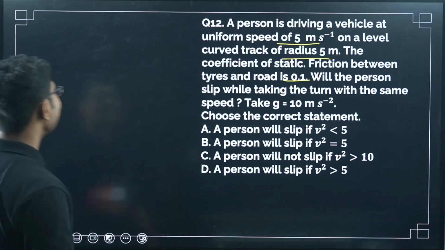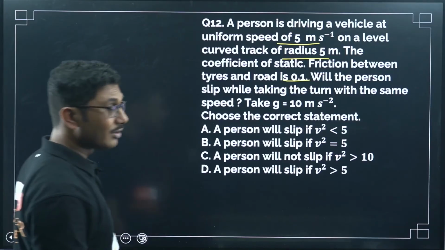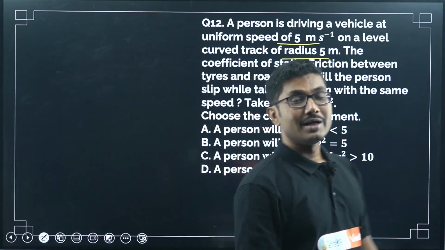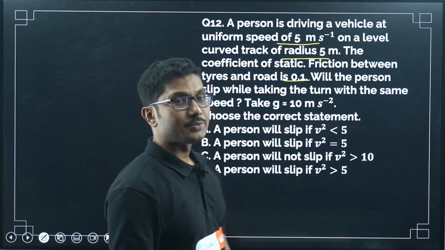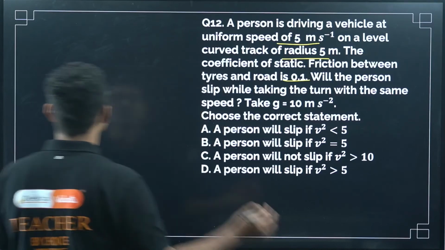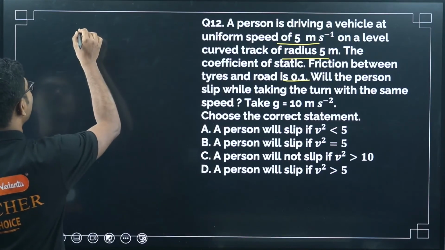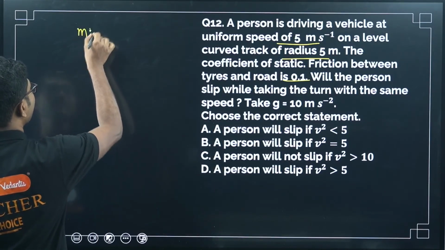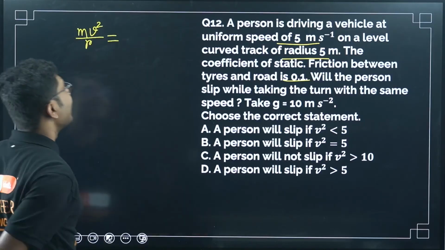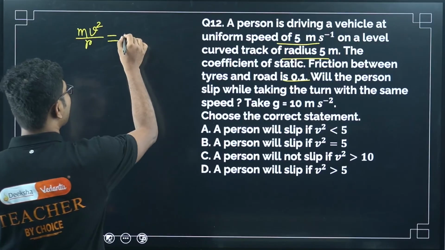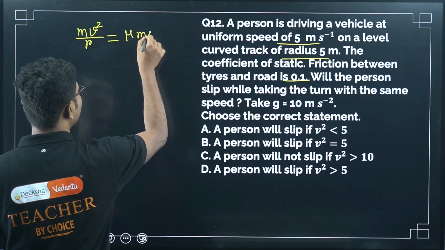So which force is providing the required centripetal force here? The force of friction is providing the required centripetal force. So what is the centripetal force here? m v square by r. And what is the frictional force? Frictional force is mu mg.